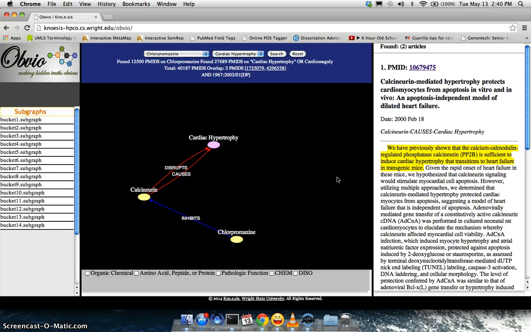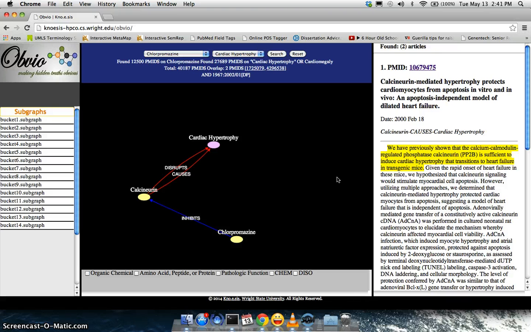Based on the provenance of these semantic predications, it is plausible that chlorpromazine may be used to treat cardiac hypertrophy by inhibiting calcineurin, which is the cause of cardiac hypertrophy, as reported by Wren in 2004. The relative ease with which this knowledge was recovered using our system makes this approach noteworthy.